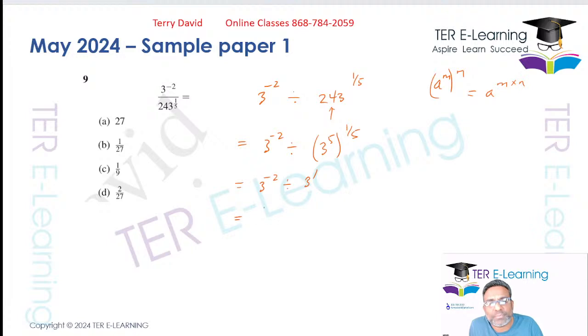So this is the same as saying 1 over 3 squared. Division, we could change that to multiply and write that as 1 over 3. So this is going to be 1 over 3 cubed, which is 1 over 27. So therefore the answer is going to be B.